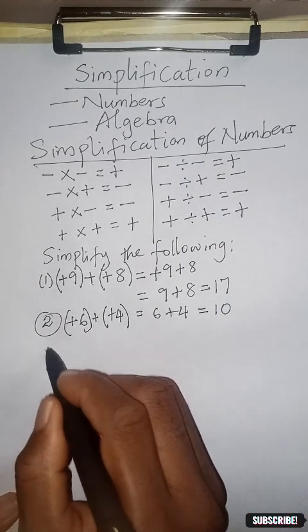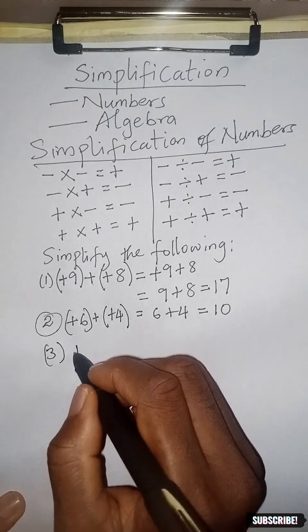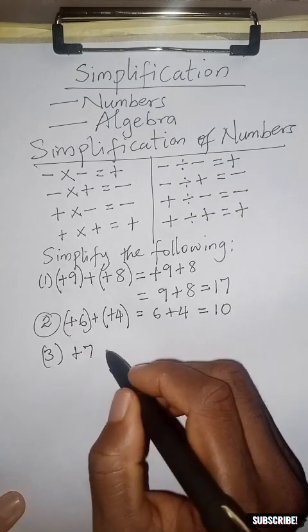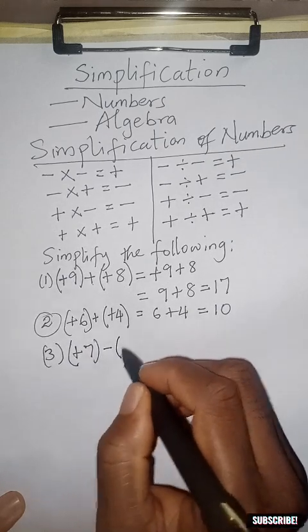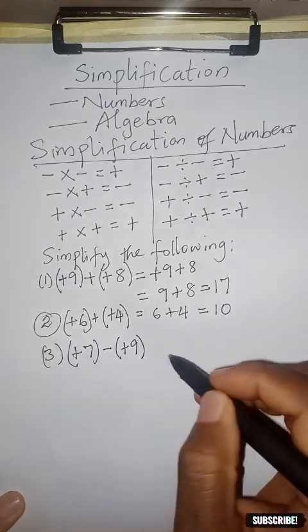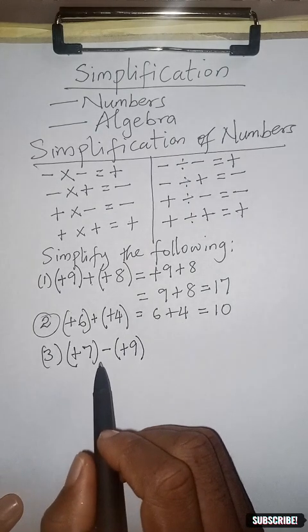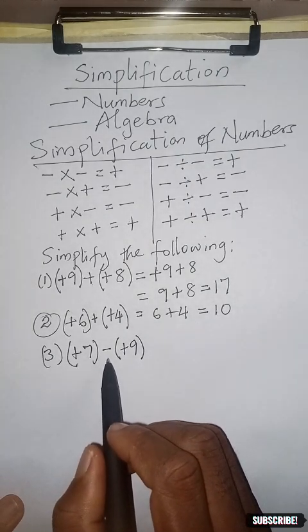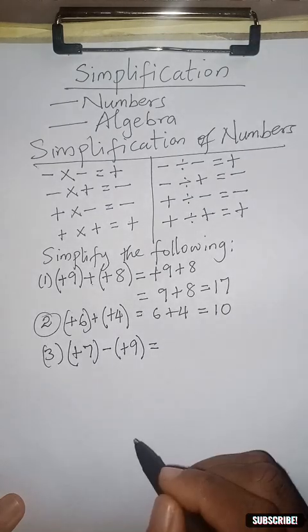And let's go to number 3. If I have plus 7 in brackets minus plus 9. Now, there is an introduction of the subtraction sign, minus. What will be the answer to this question?